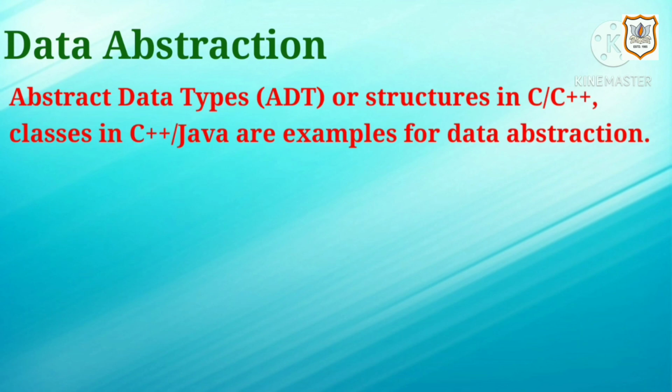ADT stands for abstract data types. Structures in C, C++, and classes in C++, Java are examples of data abstraction. In ADT, we simply define the data type and set of operations on it. We do not show the implementation of operations.